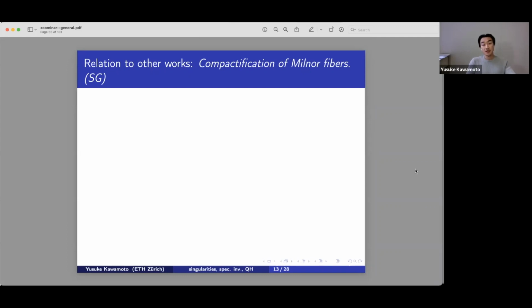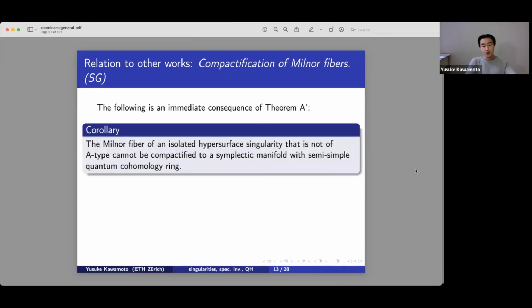Yeah, sorry. Related works in the symplectic category. So here's an immediate consequence of the symplectic statement. You cannot compactify a Milnor fiber of an isolated hypersurface singularity that's not of type A to a symplectic manifold with semi-simple quantum cohomology ring.